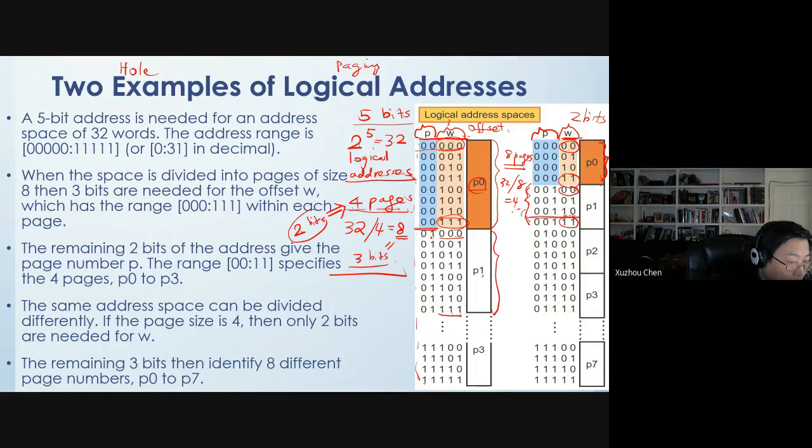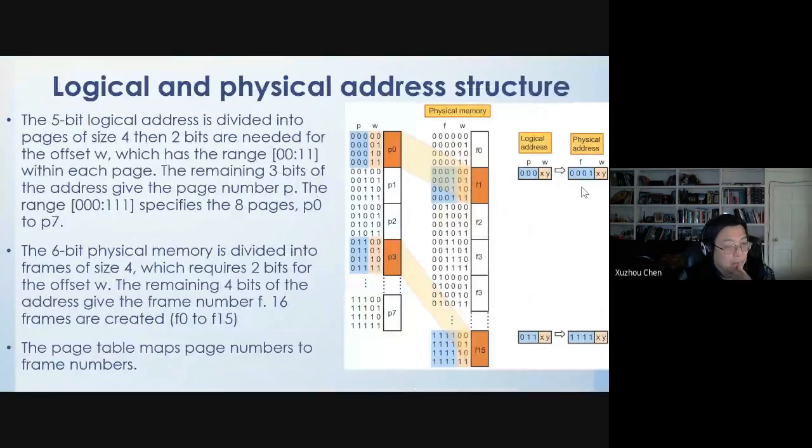So that measures the relative location of this address to the beginning of the page. That's the offset. Okay.